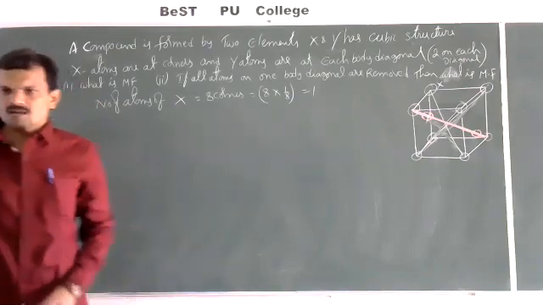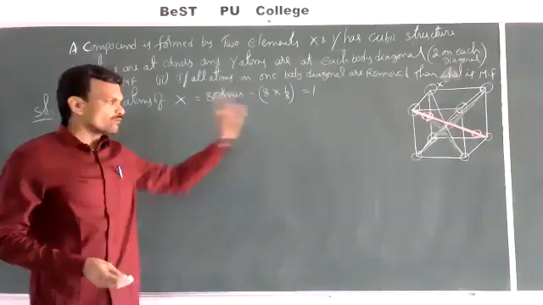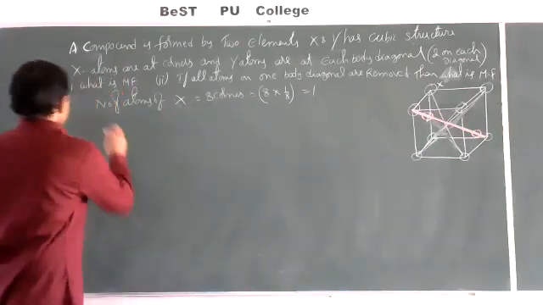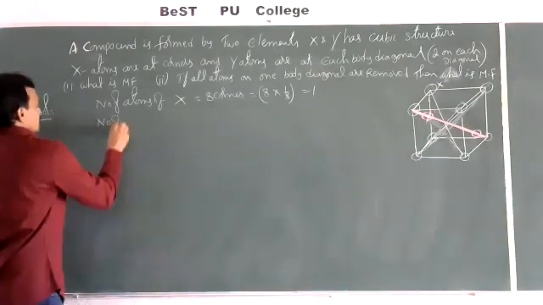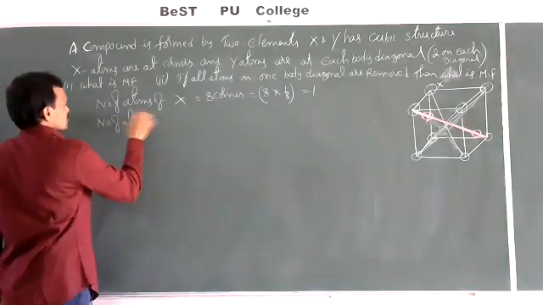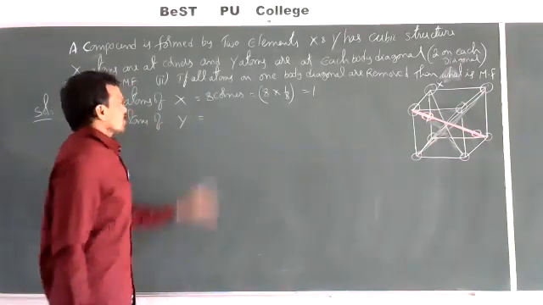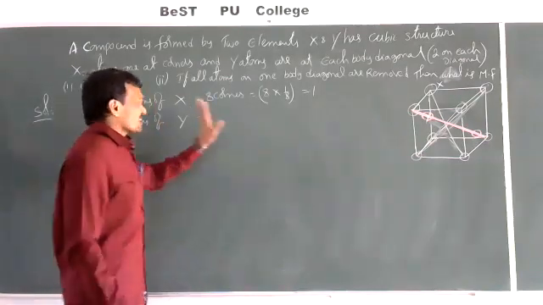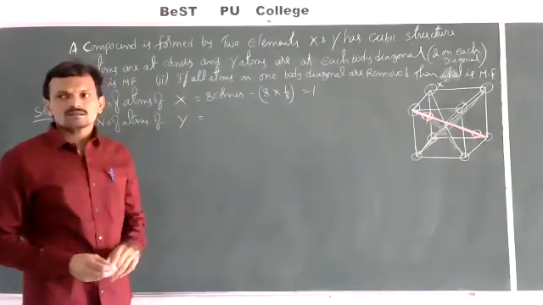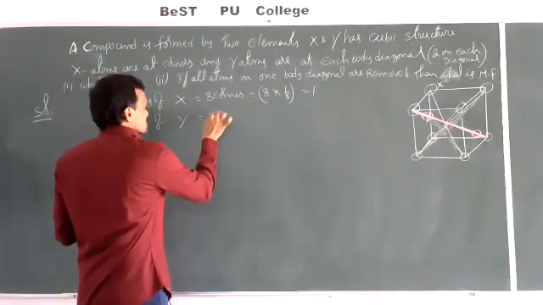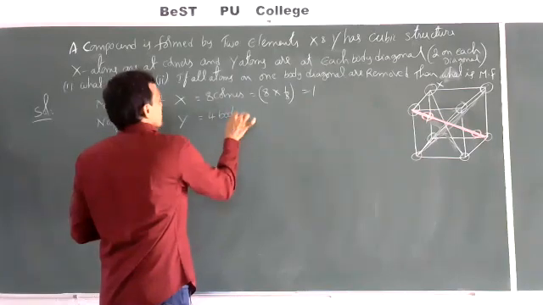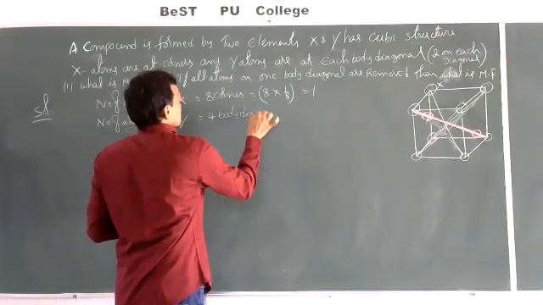So the number of atoms of X is equal to 1. Next, the number of atoms of Y. Atoms of Y are present on 4 body diagonals. So, 4 body diagonals.